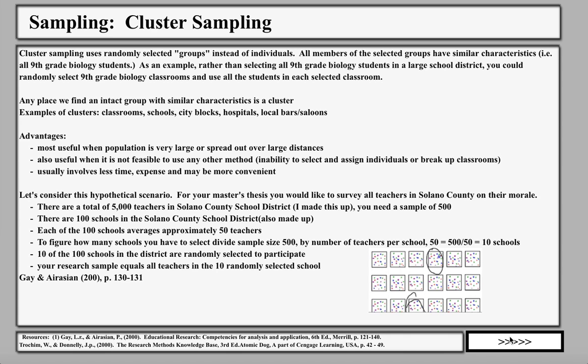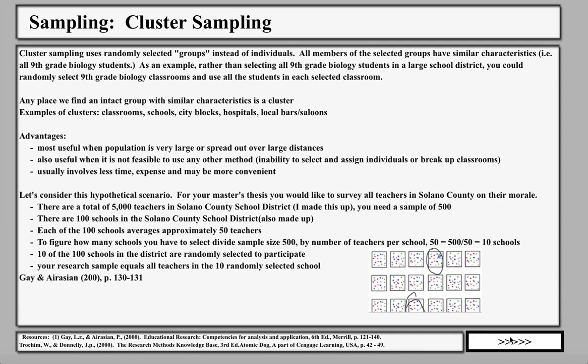The advantage is it's most useful when the population is very large or spread out over large distances. Also useful when it is not feasible to use any other method. Inability to select and assign individuals or break up classrooms. Like we couldn't go to a school district and say, okay, we want to study our 8th graders and we want to break up all the 8th grade English classes and randomly assign them to classes.